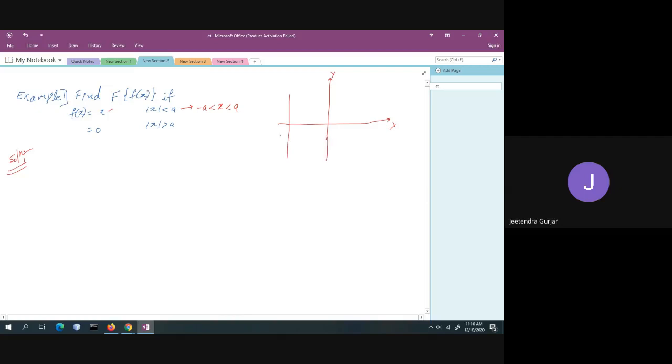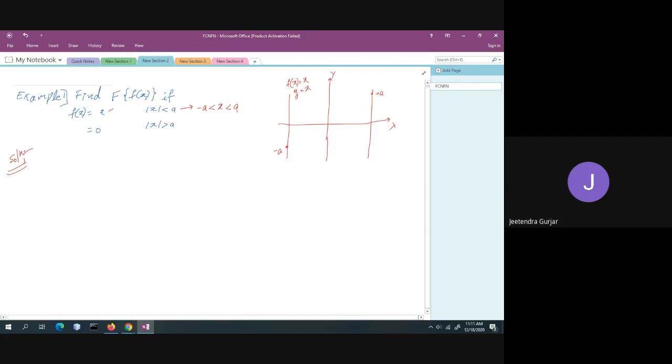We don't know where a will lie on this line, so I will just take minus a and plus a. Both values are in this quadrant, so I will take plus a in this interval. Now f of x is equal to x. F of x is nothing but y. So y is equal to x means what, students?